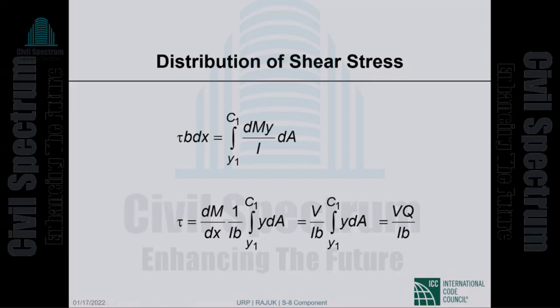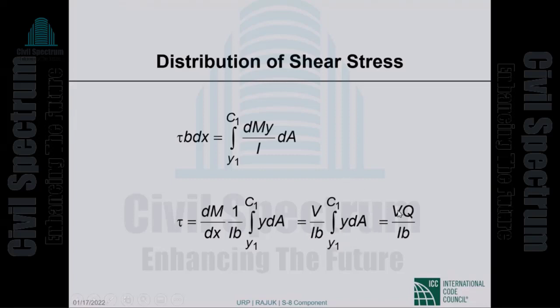We need to get back to that. This again is basic strength of materials. So we get tau equal to V over Ib times this integral, y1 to c1, y dA.